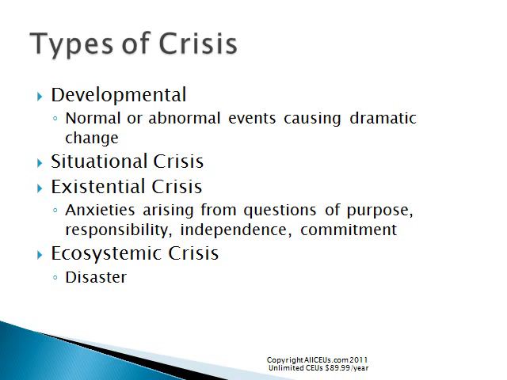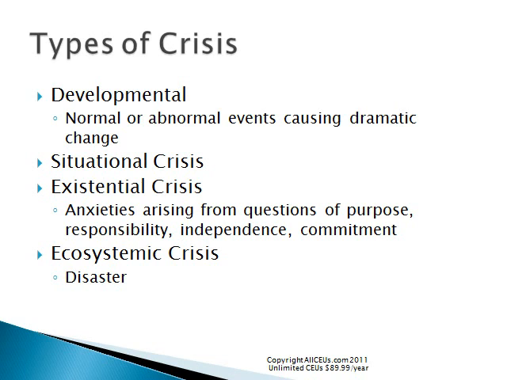There are some different types of crises. Developmental crises are normal or abnormal events causing a dramatic change. Situational crises, this tends to be more what we see in people who have crises. Their wife left them, they got fired from their job, something like that happened.